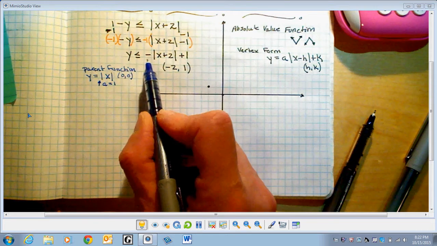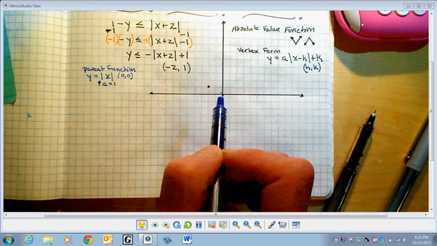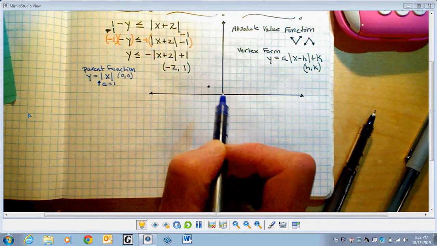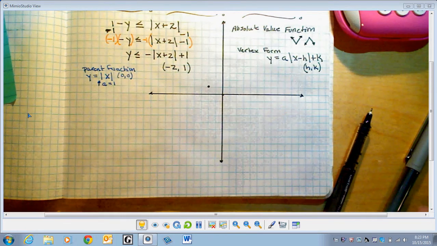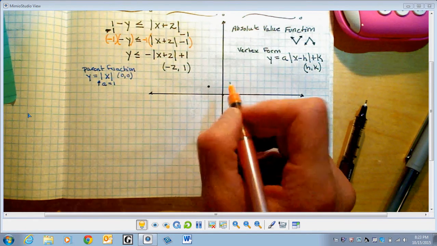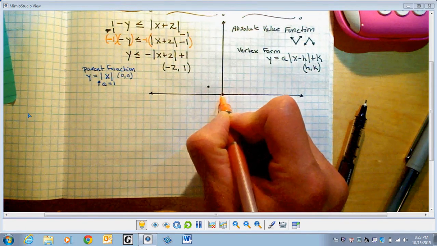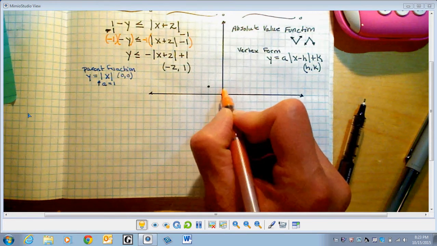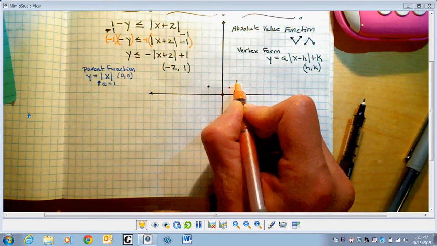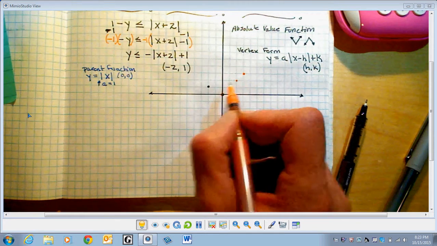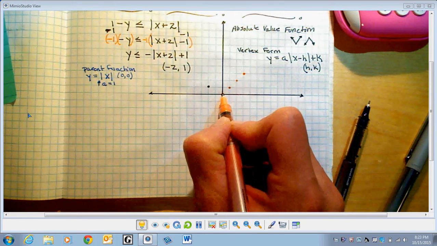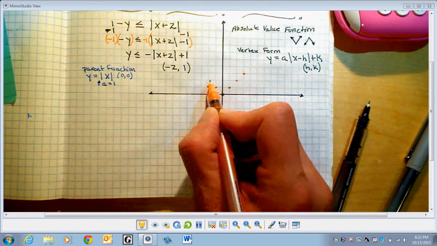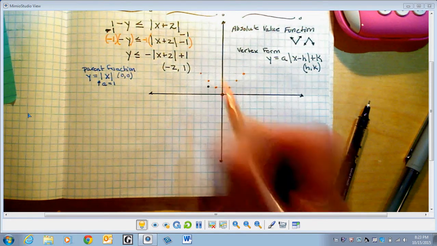Here our a value is negative 1, so it's upside down. If you remember your parent function, I'll do the parent function in orange. Parent function origin is here, up 1 over 1, up 1 over 1, up 1 over 1, and then the same on the mirror side.